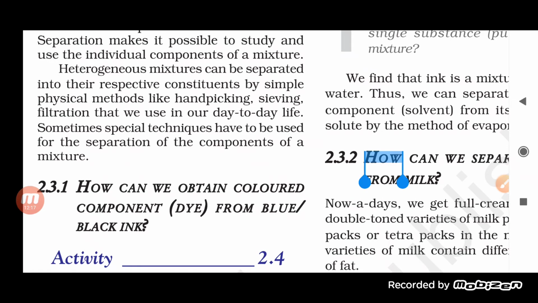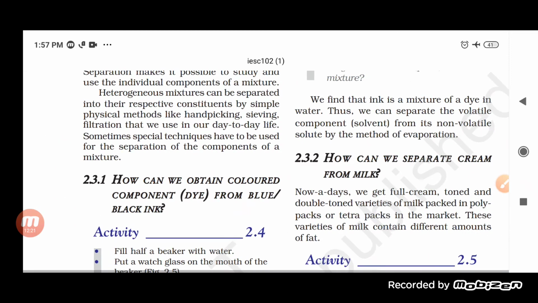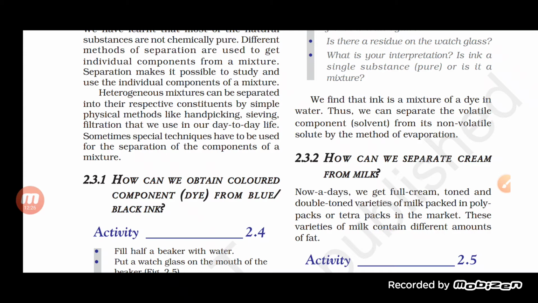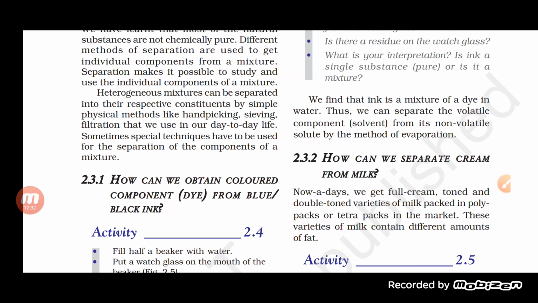So this is one of the methods by which we can separate the components of a mixture, or the components of the dye in the water. Now there are different techniques, students, by which we can separate a volatile component, which is a solvent, from its non-volatile solute.